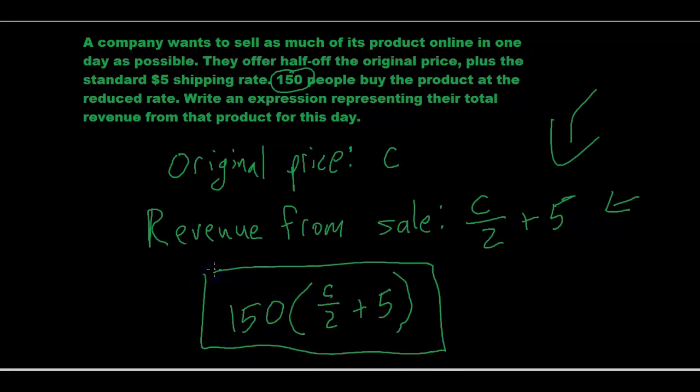And there we go. 150 times C divided by 2 plus 5. That is 150 times the revenue they get from each individual sale, which is the expression which represents their total revenue from all of the 150 sales together.